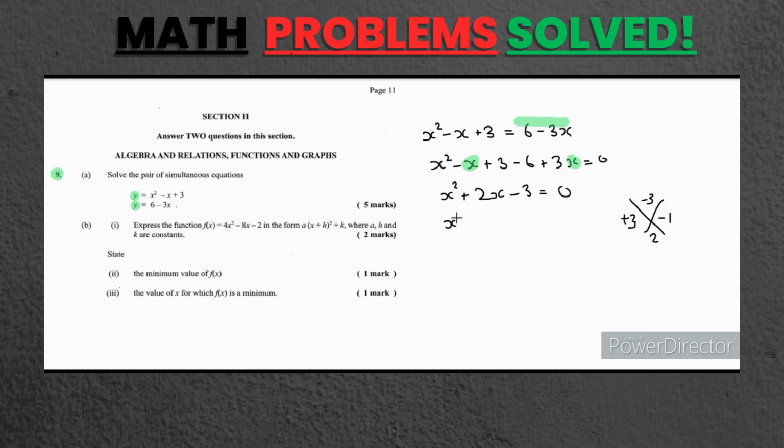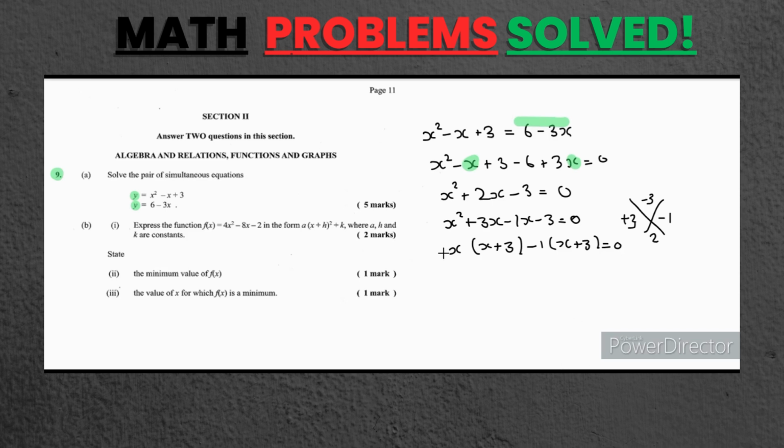So it will be x square plus 3x minus 1x minus 3 equals to 0. So you will factor out x from here. You will get x plus 3 and minus 1 and x plus 3, right, equals to 0.